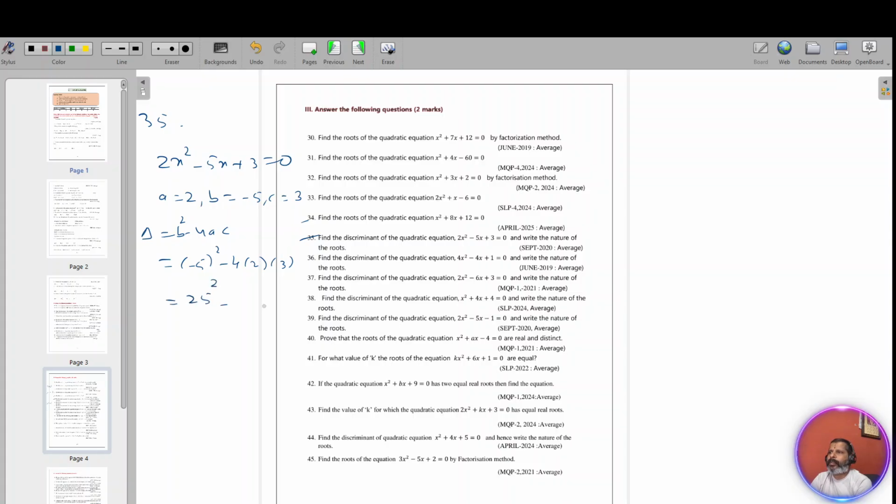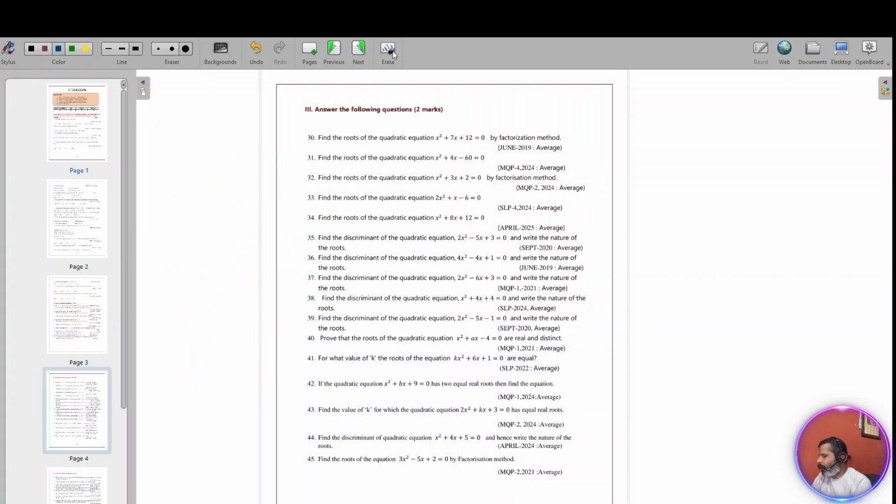Minus 5 square is 25, minus 4 into 2 into 3 is 24. So 25 minus 24 is 1, which is greater than 0. Therefore, roots are real and distinct. Understood? So you can complete all those things in similar ways.